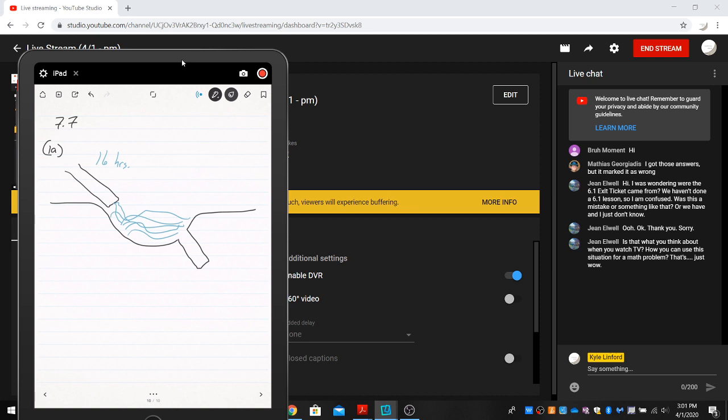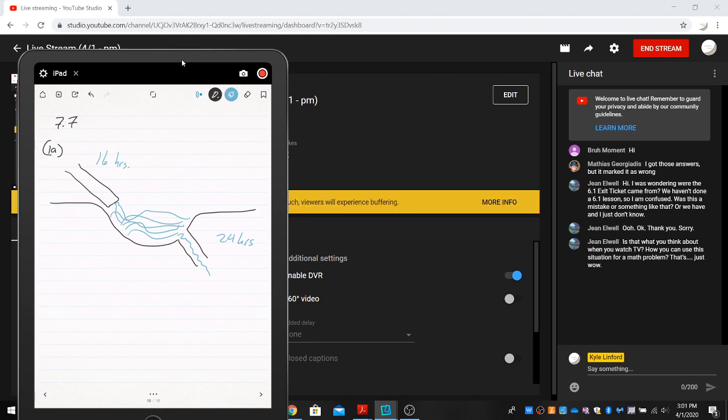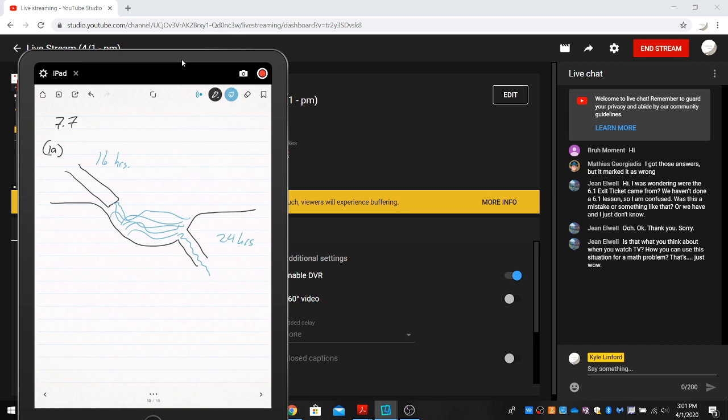There is a drainage pipe put in as well that can drain this out, and it might take it to a septic tank, or it might drain it off somewhere else. And it can drain the entire filled pond in 24 hours. So one pipe can fill the pond in 16 hours, and if I open the drainage pipe, it can empty the whole reservoir in 24 hours. So how long would it take us to fill the reservoir if the pipe was left open?